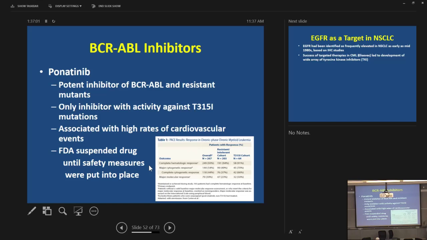Just this year, they pulled the REMS program off because people are now really using it only in these T315I mutations, where before they were just using it up front. So it's a cool drug that works in this unique mutation, but we had to learn how to use it appropriately before it was allowed back in the marketplace.